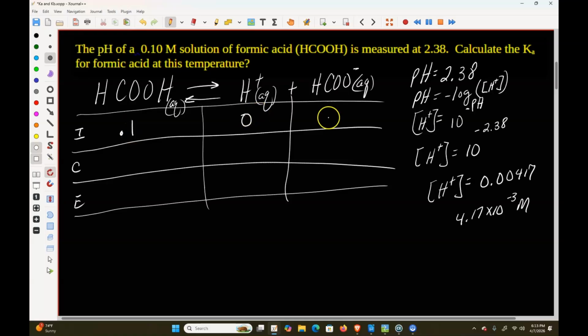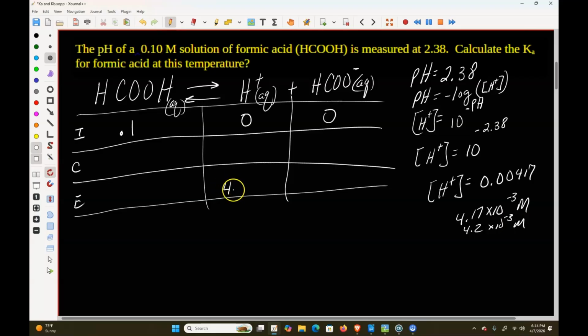Initially I have 0 parts of these. Since my final H plus concentration is going to be 4.17 times 10 to the negative third, I'm going to round off to 4.2 times 10 to the negative third, so we can stick with our proper significant figures.